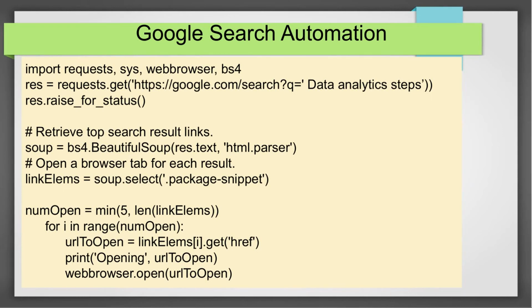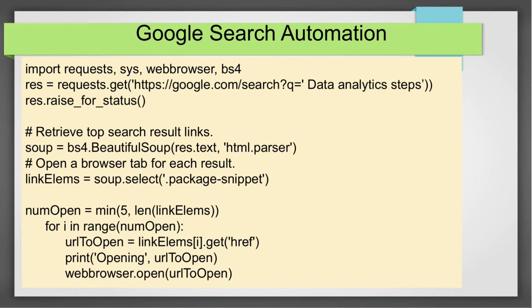The soup select call returns a list of all the elements that matched your class selector. So the number of tabs you want to open is either 5 or the length of this list, whichever is smaller. The built-in Python min function returns the smallest of the integer or float arguments it is passed. There is also a built-in max function that returns the largest argument it is passed.